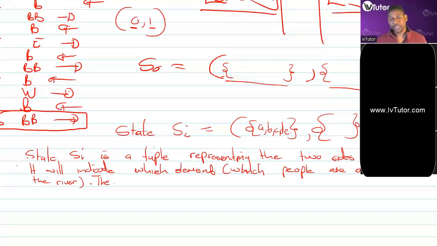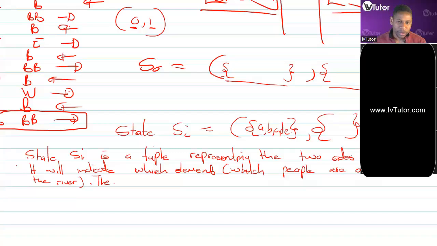What about the boat? Is the boat a part of the elements? Because remember, we want a state to give us a full representation of the problem. So if you look at one state, you're supposed to know what the problem is about, more or less.